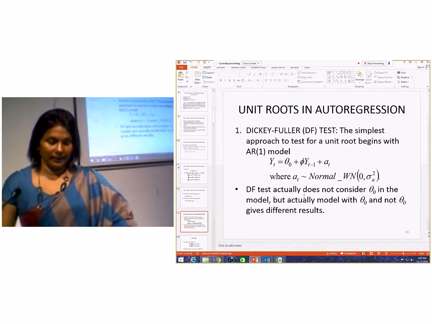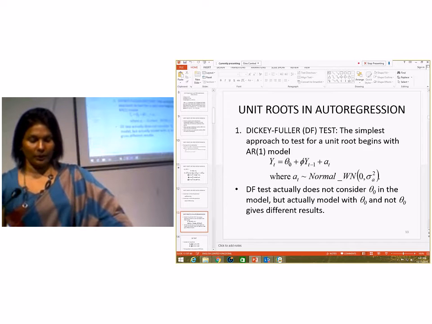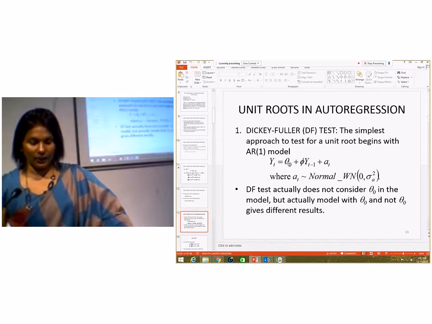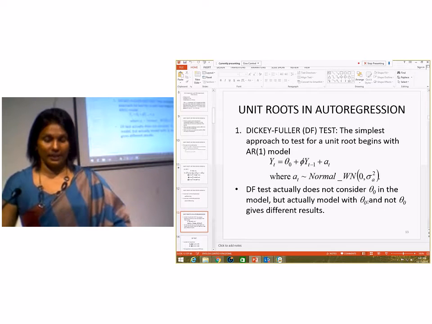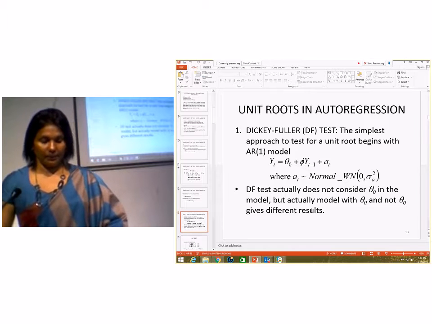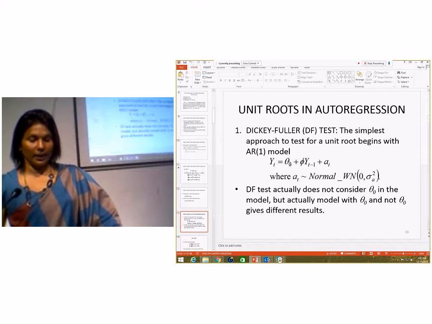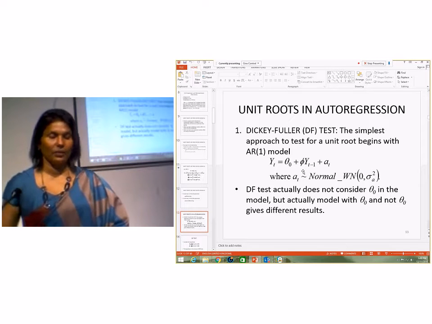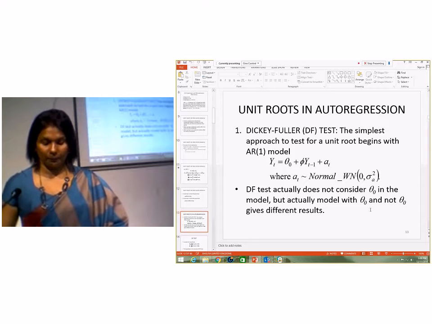The Dickey-Fuller test doesn't consider the exogenous variable in the model, theta 0, but the actual model with theta 0 and without theta 0 gives different results. In the actual model there is this theta 0, but it is not in this model, so yt equals yt minus 1.